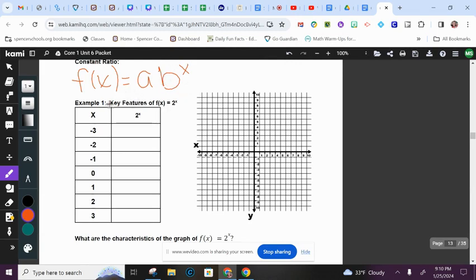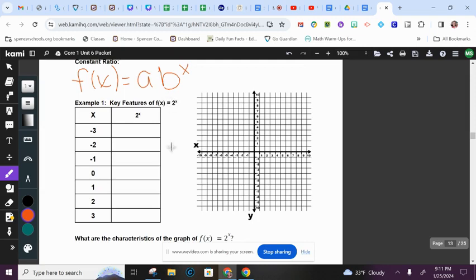So we look at this first equation, or as I call it, the parent, the most simple form of exponential growth. You'll notice that your b is 2, and it has an exponent of x, but the a is mathematically there, but it's not visually being shown.